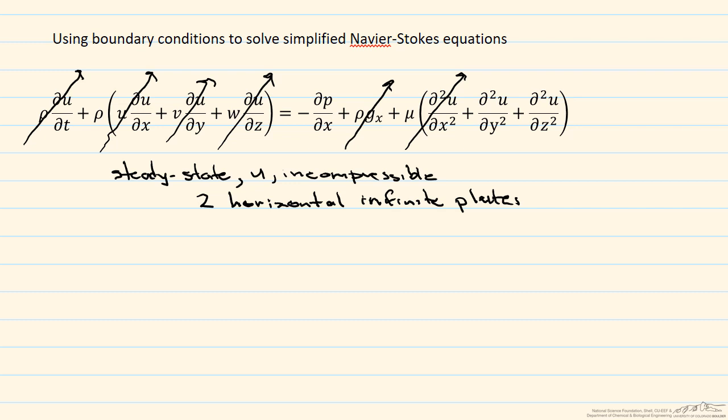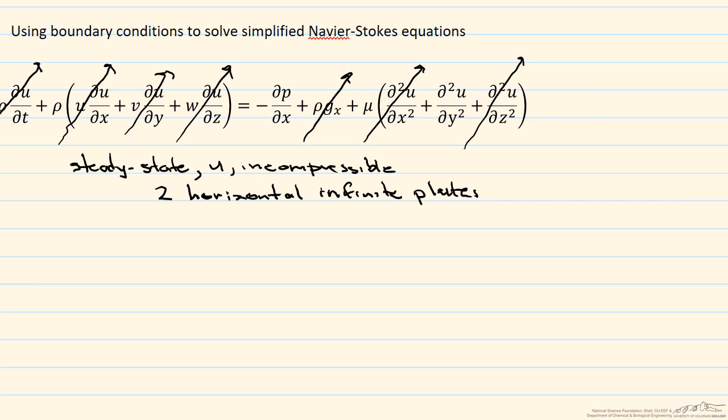And finally, because we have two horizontal infinite plates, we can say that u does not change with respect to z. And so what we're left with is that 0 is equal to minus dp dx plus mu d squared u dy squared.